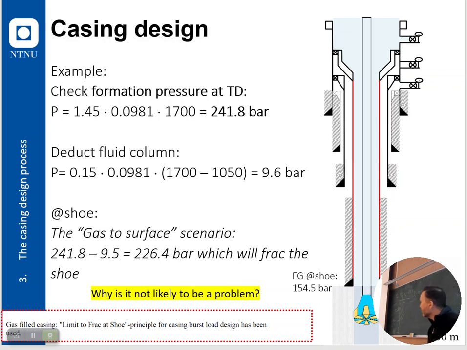But looking at it, thinking that okay, so we have a leak off in a weak formation just below the shoe that we know is going to take a certain limit, and then say that that formation is plugged off for some reason, and you get into a much higher pore pressure below than you ever got numbers for.